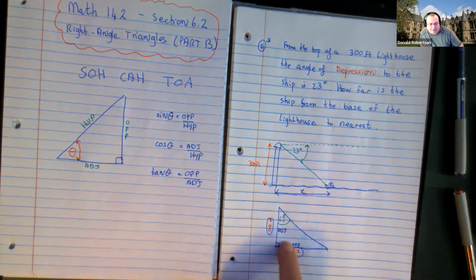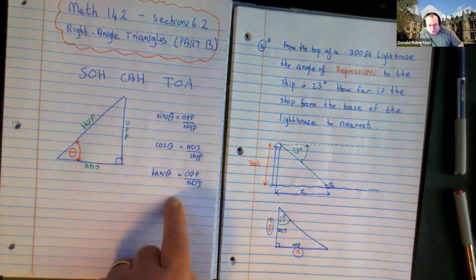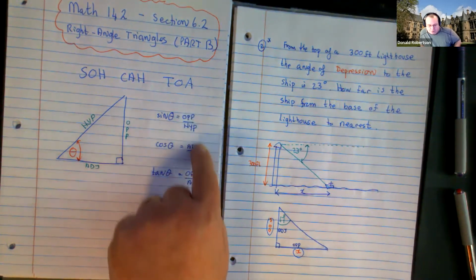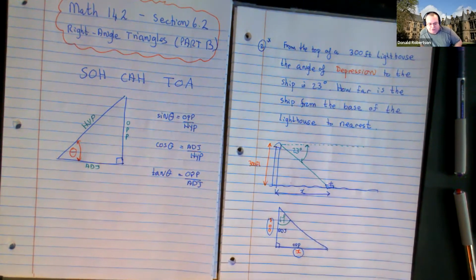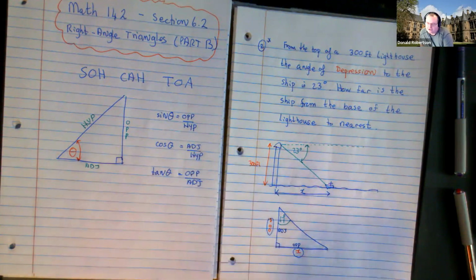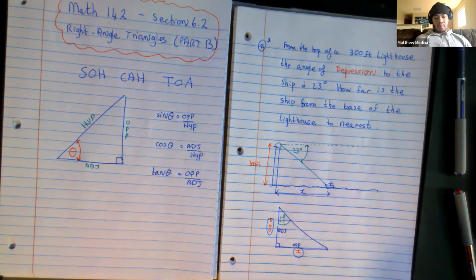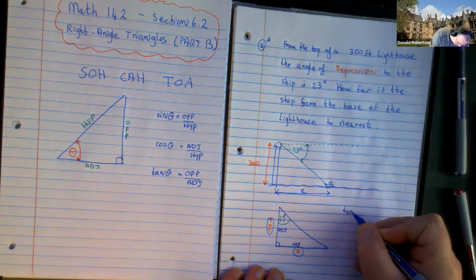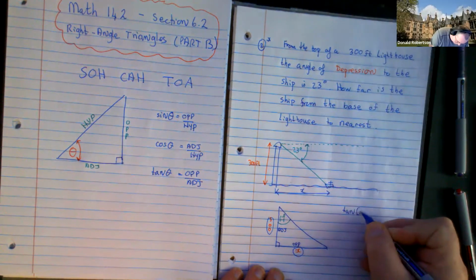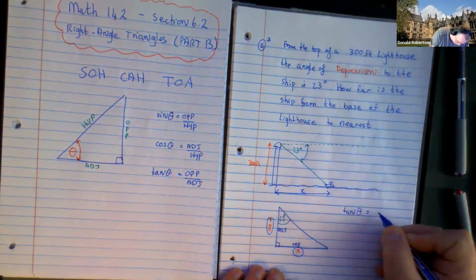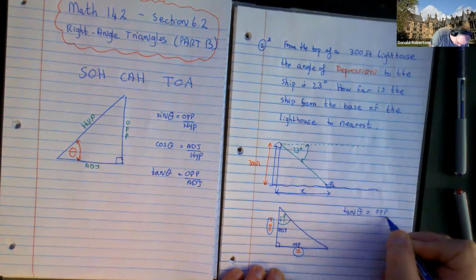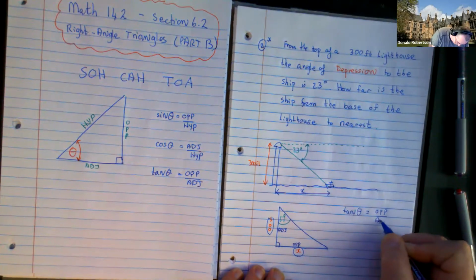So you go over here and one of these and only one of these will have opposite and adjacent in them. Which one of these three SOHCAHTOAs uses opposite adjacent? Tangent. And so now you know that the tangent is the guy to use. So the tangent is going to be opposite over adjacent. And the angle becomes 67 degrees.